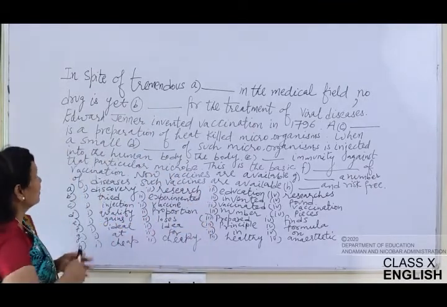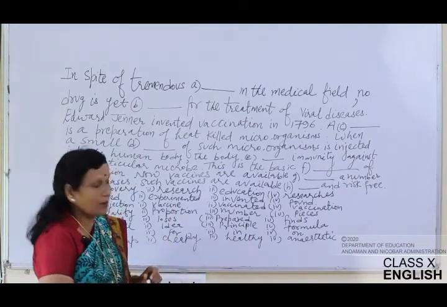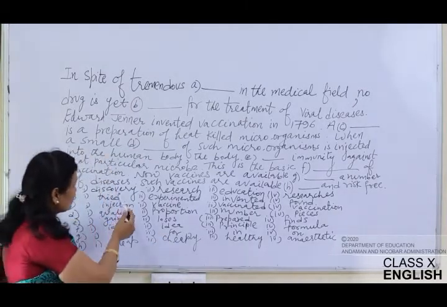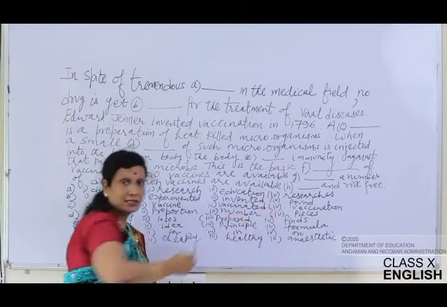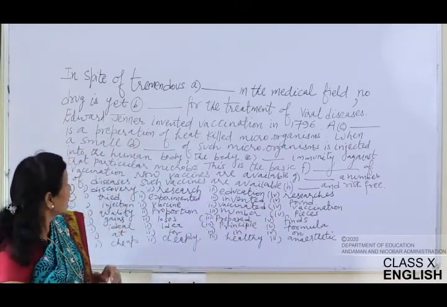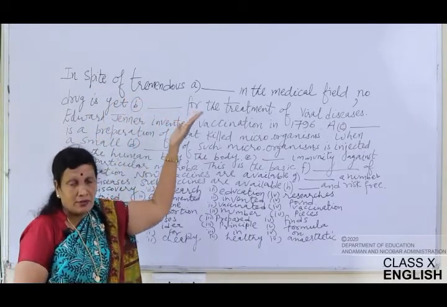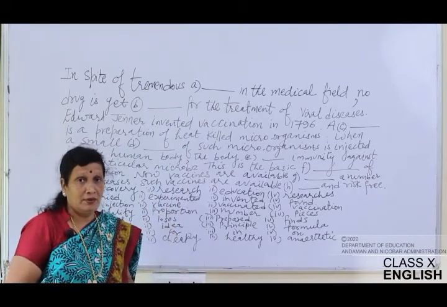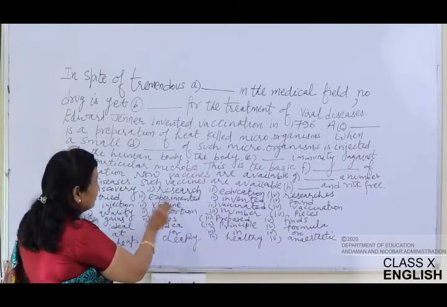Now let us see. In spite of tremendous, there is a blank in the medical field. Look at the options: discovery, research, education, researchers. Here it is 'in spite of tremendous', that means many, so it is plural. So we will be using research.